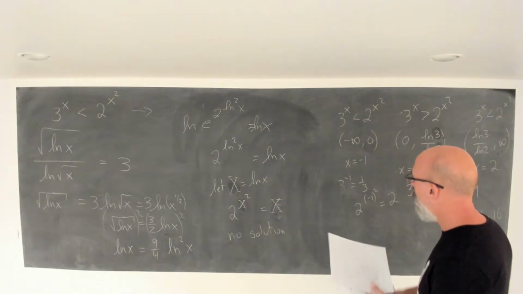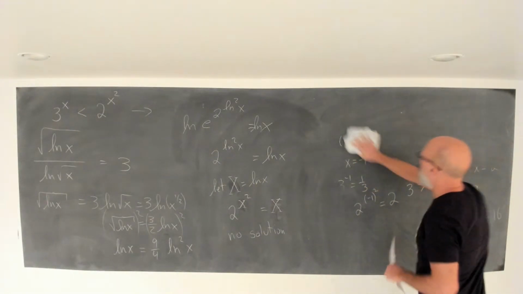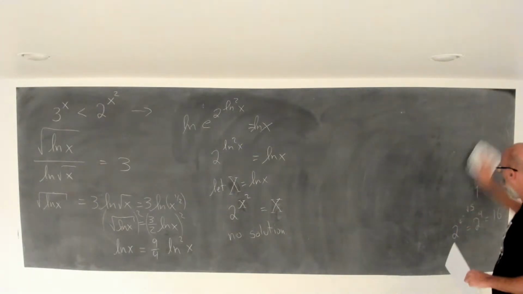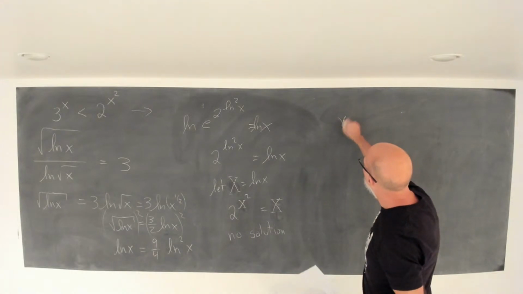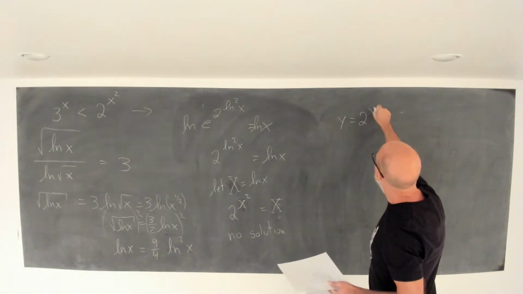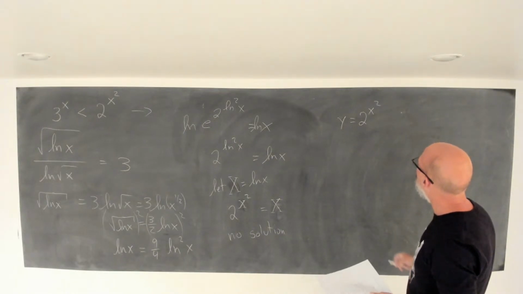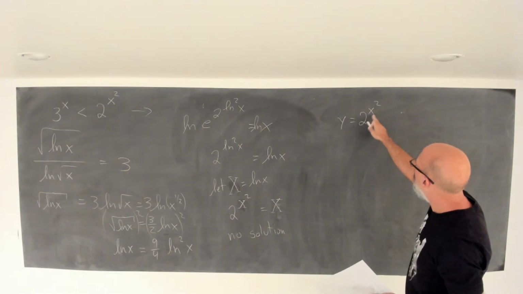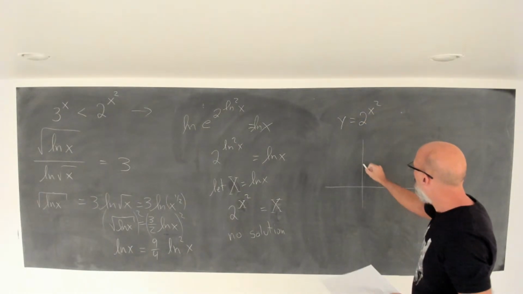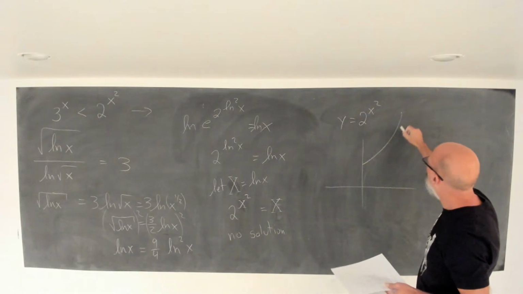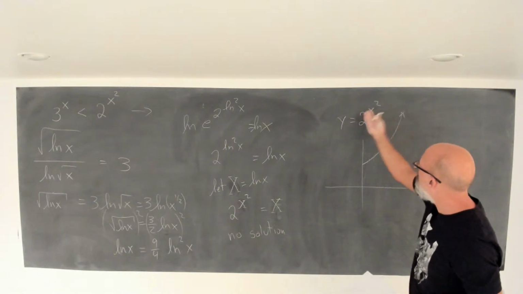Right? And if you graph y equals 2 to the x squared, what does that graph look like? It's going to kind of look like 2 to the x, bigger than 1 for x bigger than 0, and since it's even, it's symmetric.